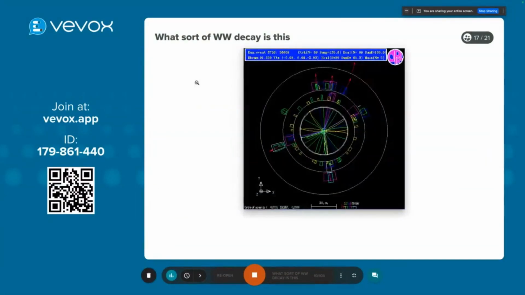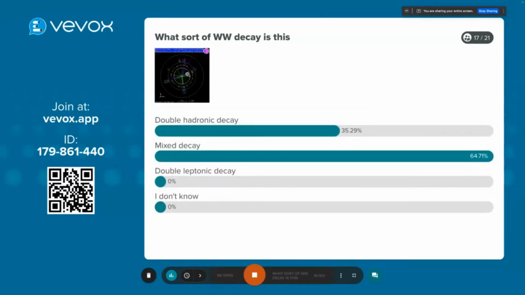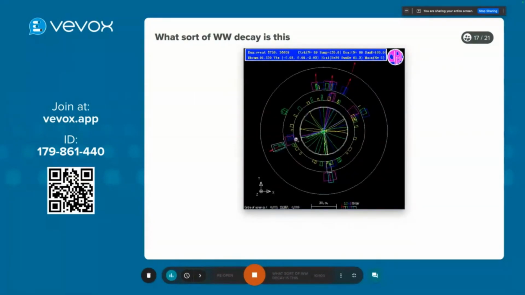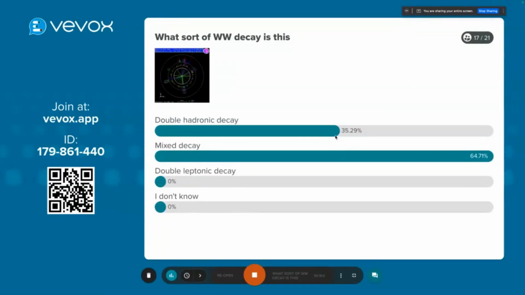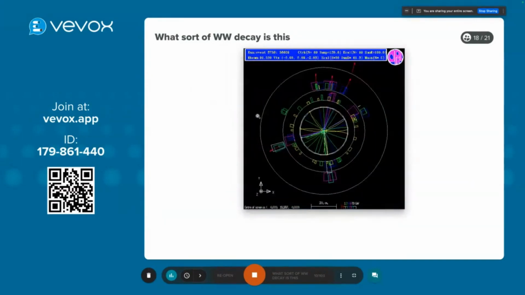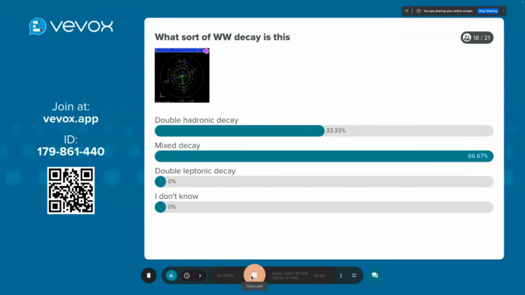Ooh, this one is a bit harder to decide. It's a pretty messy event. So you guys are undecided between double hadronic and mixed. You've gone for mixed. Let's go with that. On to the next.